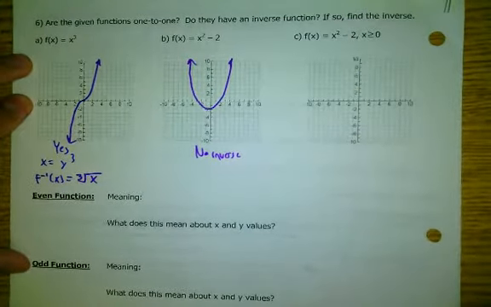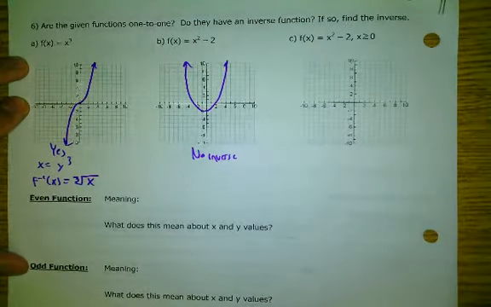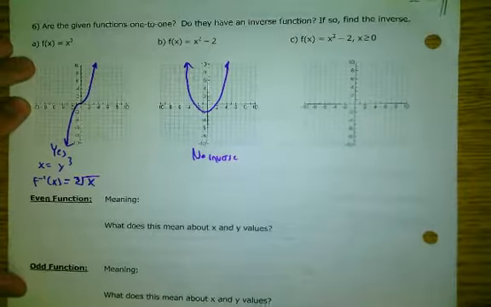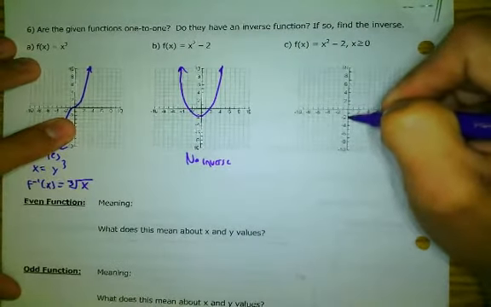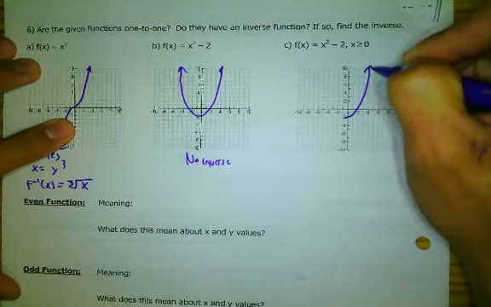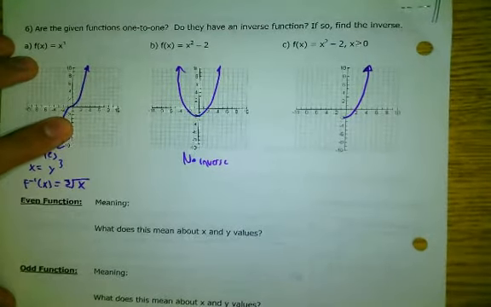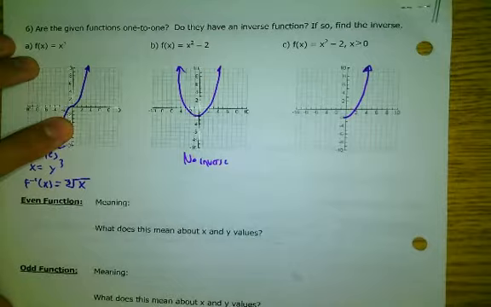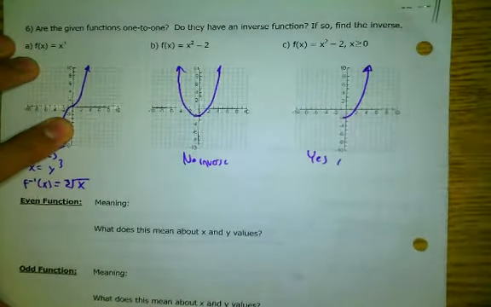So this will be x equals y squared minus 2. So it becomes x plus 2 equals y squared. So that means that the inverse of that function will be the square root of x plus 2. Cool? So technically you can manipulate a function to have an inverse as long as you give me the restrictions.